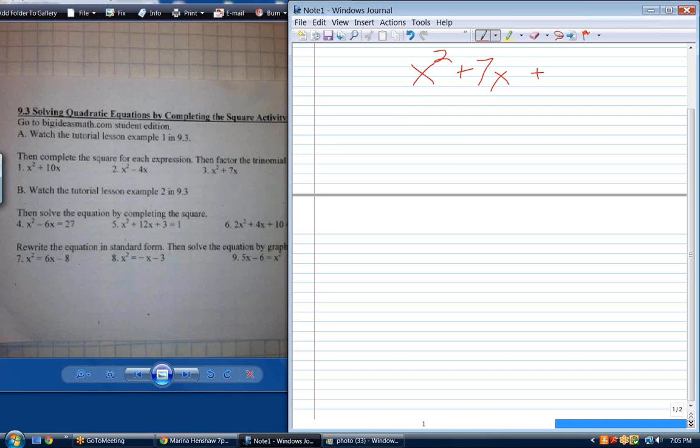So that's it. It's just two steps always. It's taking half the coefficient, squaring that number, adding it, and then representing it as x plus whatever half that coefficient was.